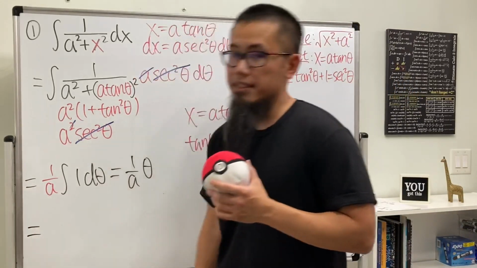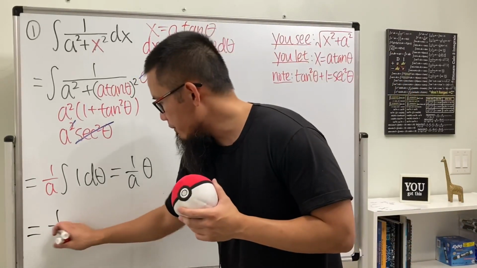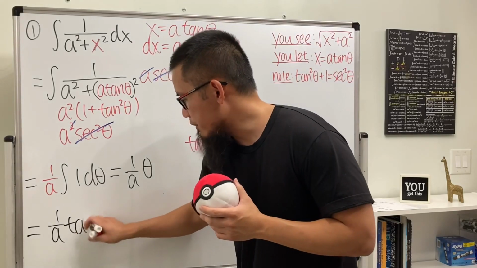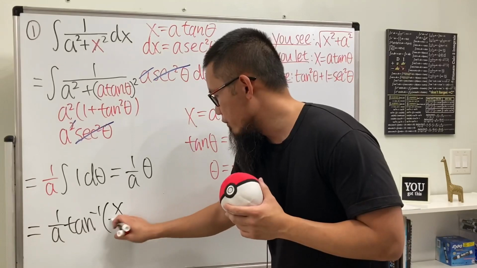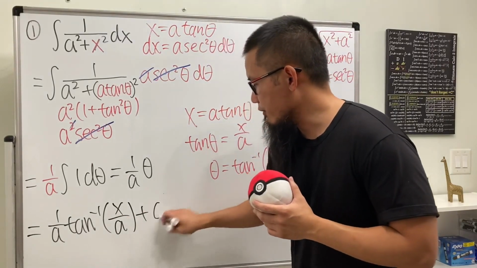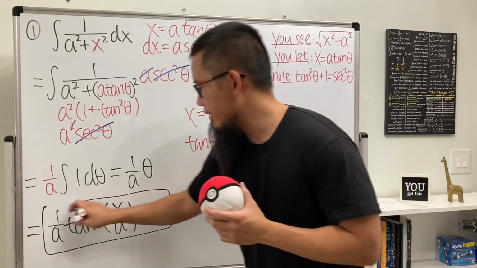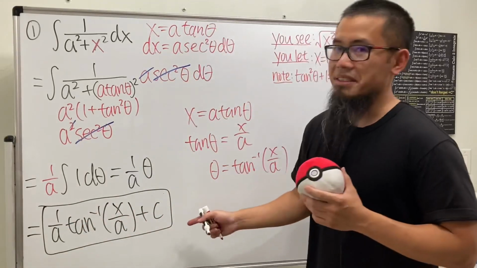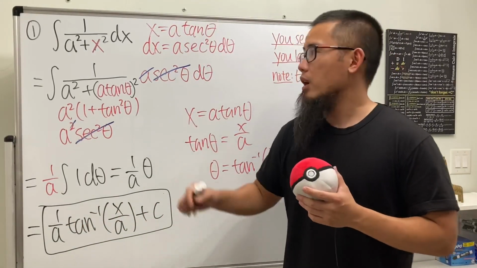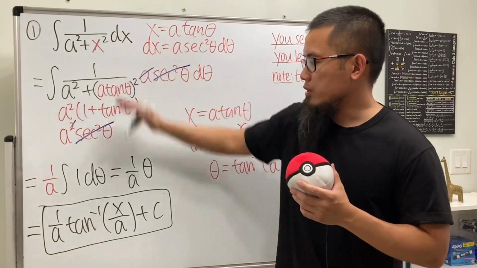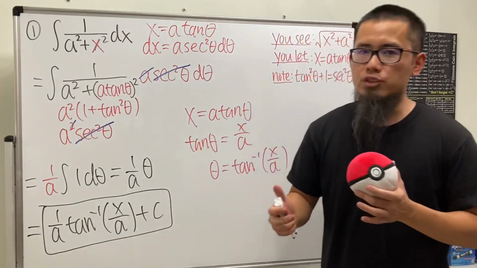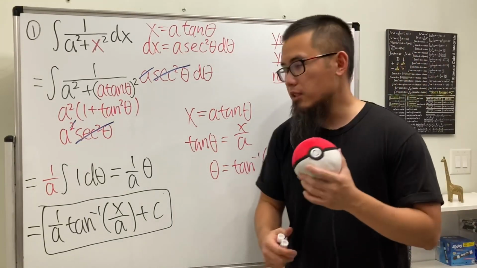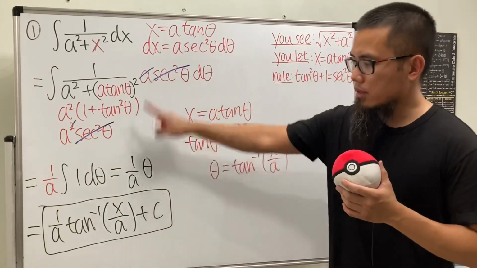So finally, ladies and gentlemen, we will have 1 over a times inverse tangent of x over a for our answer. And of course, put on the plus c. This right here is it. And this is a standard result. You are going to remember this result, so that later on when you encounter this, especially when we do partial fractions with rational function integrals, we'll be using this quite often.